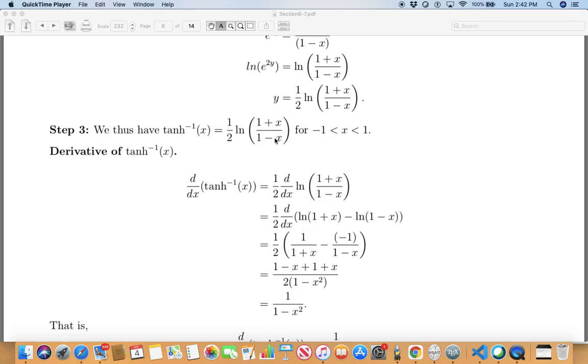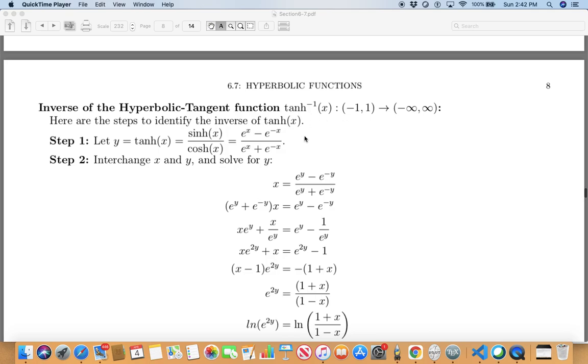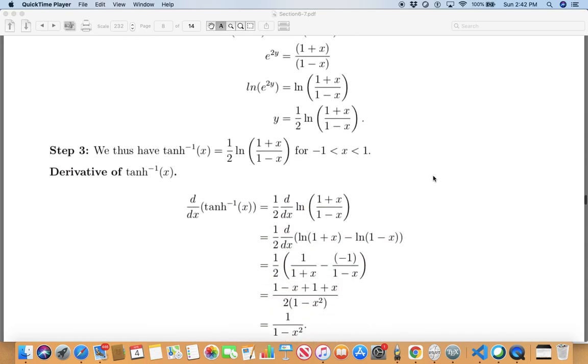Okay, so that's important. You don't want x to be less than negative 1. But regardless, my x is between negative 1 and 1 precisely because tan hyperbolic has image negative 1 to 1.